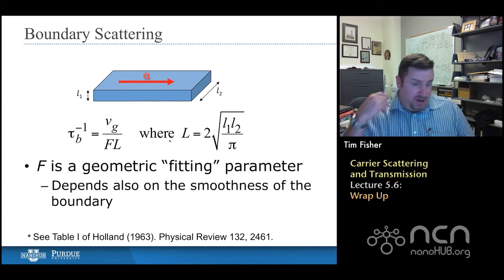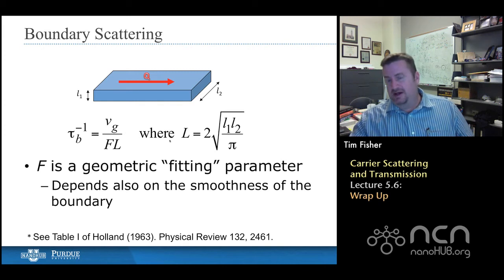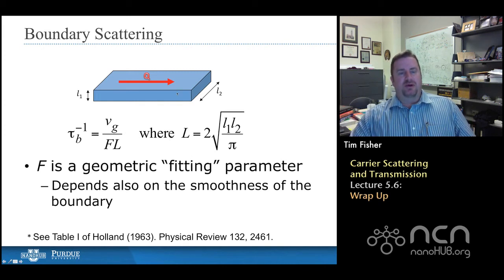And so here we have a boundary scattering problem where we have some boundaries that confine the carriers inside of a material, and we're interested in the long or the continuum direction. And so we could have a lot of different shapes. We need to come up with some factor L that characterizes the confining length scales, and for a rectangular cross-section, the L that's shown here works well.